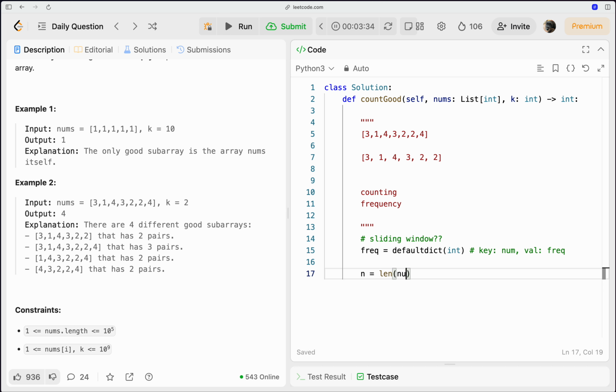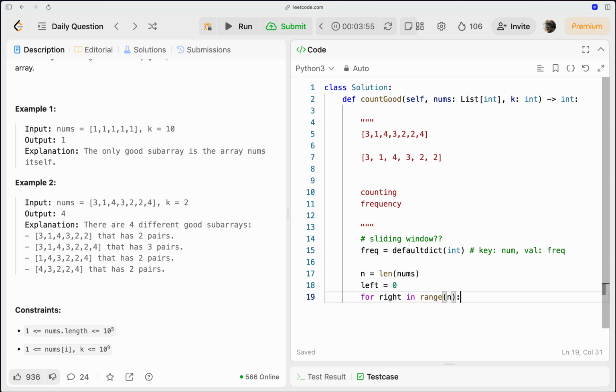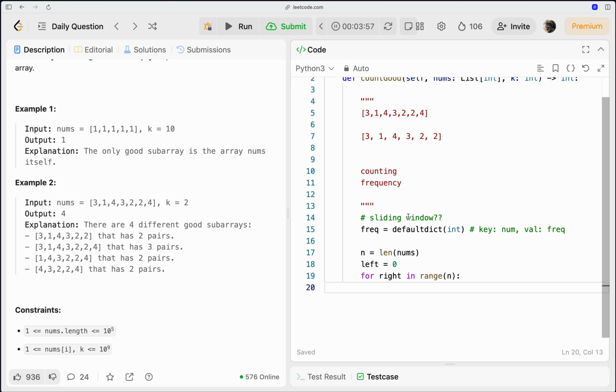N is the length of nums, and then maybe I could have left is 0, for right in range n. We want to process the right.